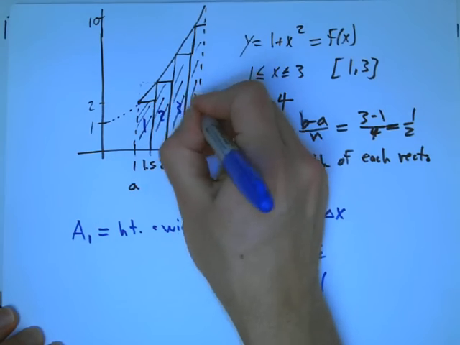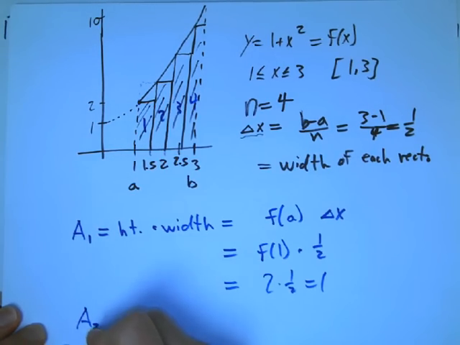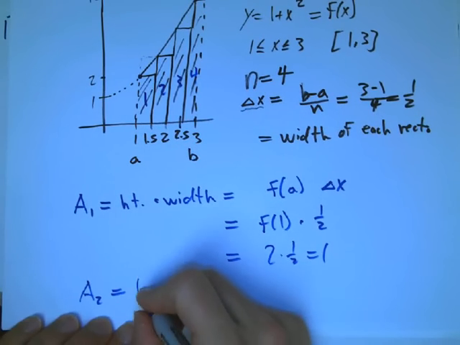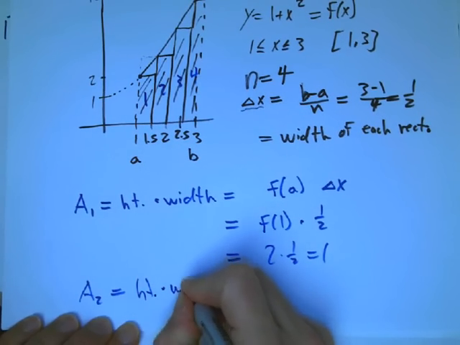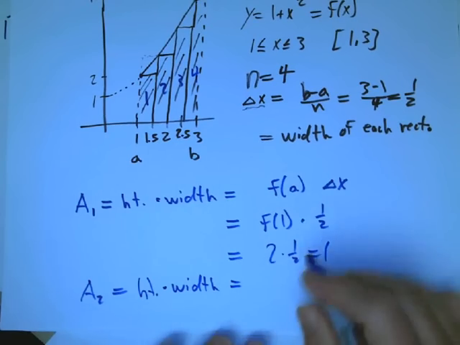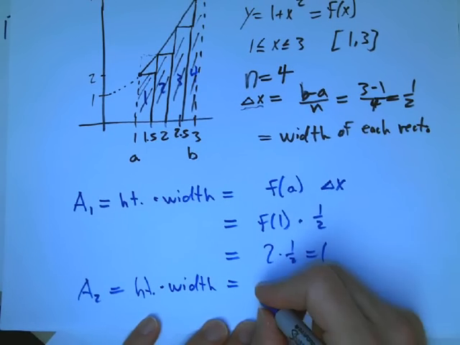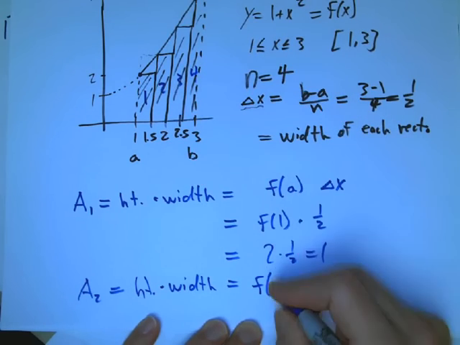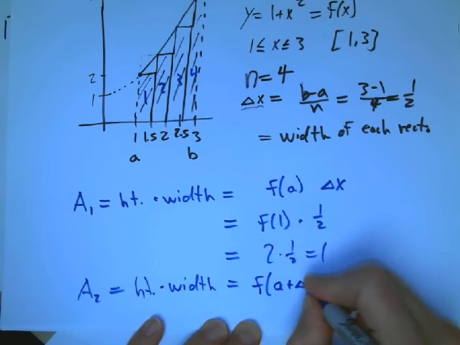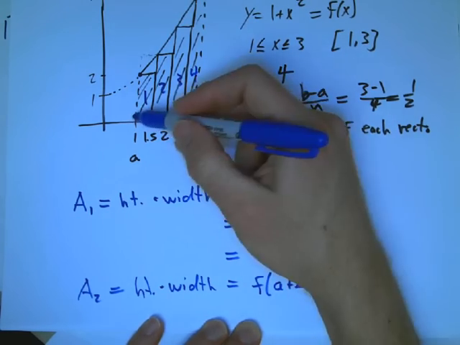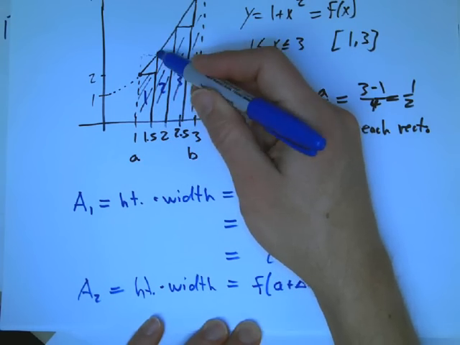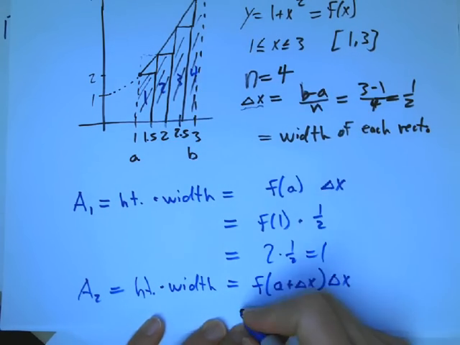That's rectangle number 1, 2, 3, 4. Area of the second rectangle is again height times width. Really basic. Now that's going to be f of 1.5, but I want to show you the pattern here. It's a plus delta x. You start at a, you skip over one delta x unit, and you're on the left endpoint of the second one.